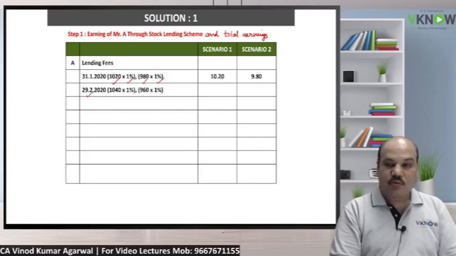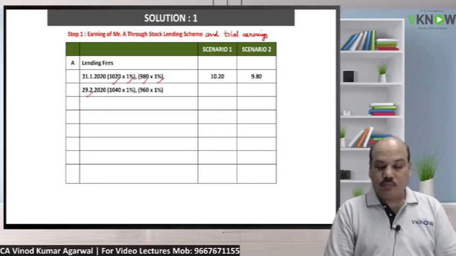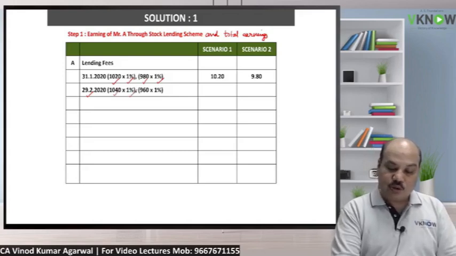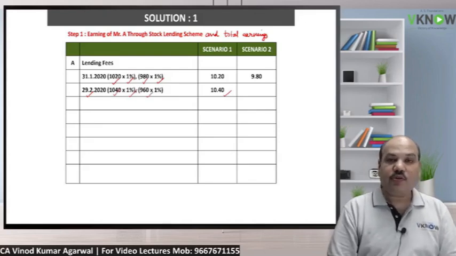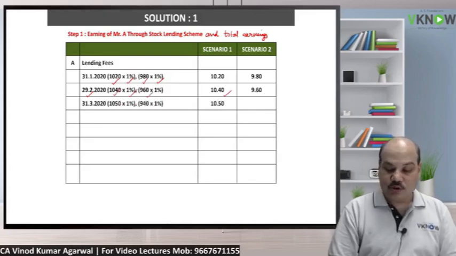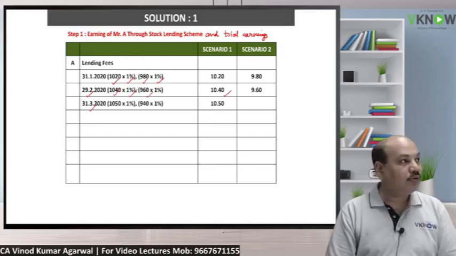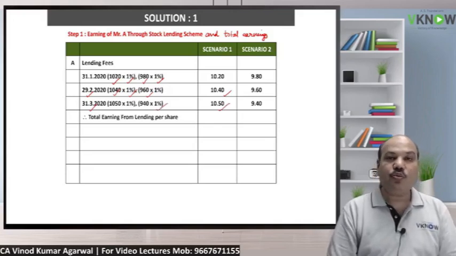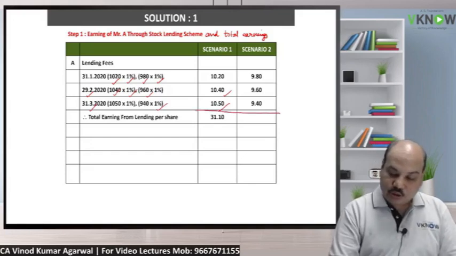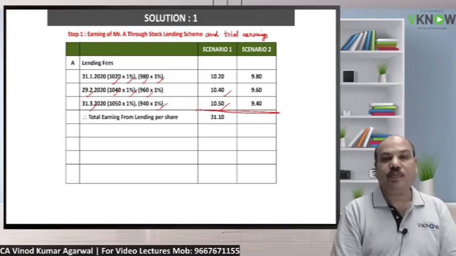Then next month, 29th February 2020, price is 1040 into 1%, that will be 10.40, and 960 into 1%, 9.60. Continuously write. 31st March 2020, very easy. 1050 into 1%, that is 10.50, 940 into 1%, 9.40.